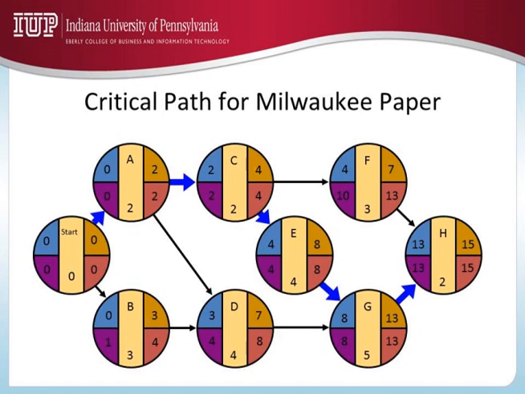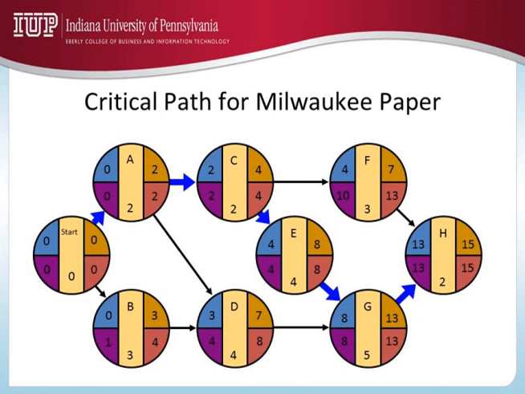Do you see something common in these 5 activities which is not in the other 3 activities? Absolutely. 0, 2, 0, 2, 2, 4, 2, 4, 8, 13, 8, 13. Whereas F, D and B: 4, 7, 10, 13; 0, 3, 1, 4; 3, 7, 4, 8.